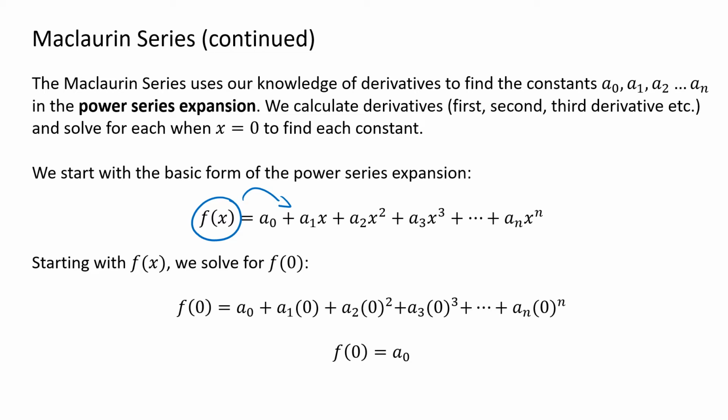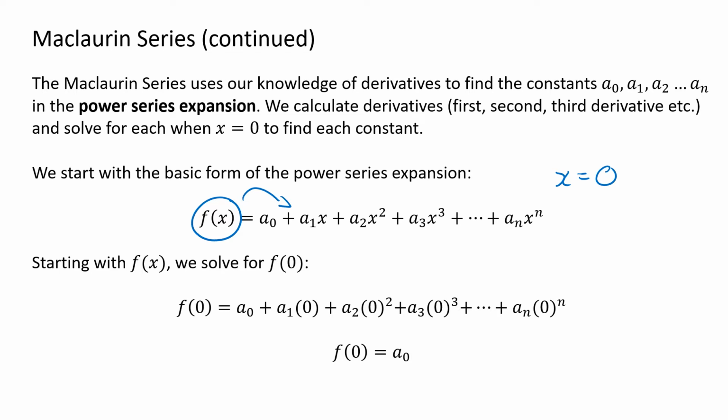If we're trying to solve for constants, going back to when we did integrating with partial fractions, we found values of x that we could substitute in that would remove a lot of these terms. In this case, the value of x to substitute in for a Maclaurin series is when x is equal to 0.